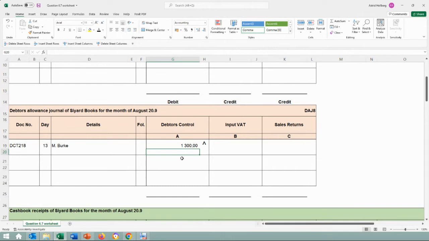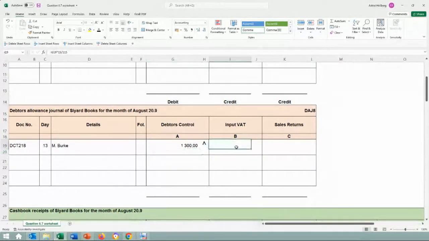Just going to repeat the question. How will we calculate the input VAT on the 1,300 Rand that we returned? What's the formula? Okay, so Neil says it's 1,300 times 15 over 115.